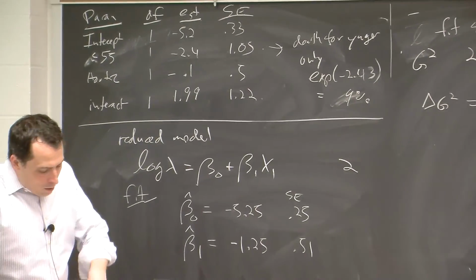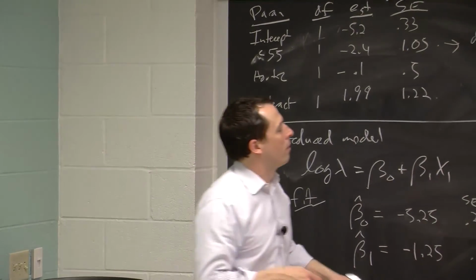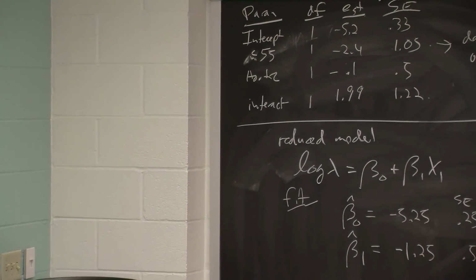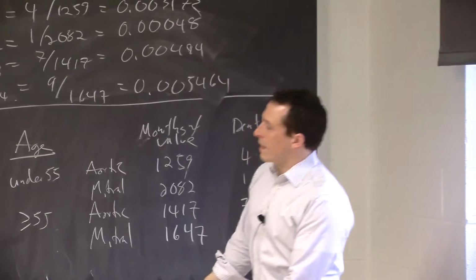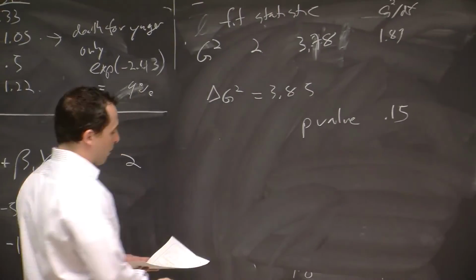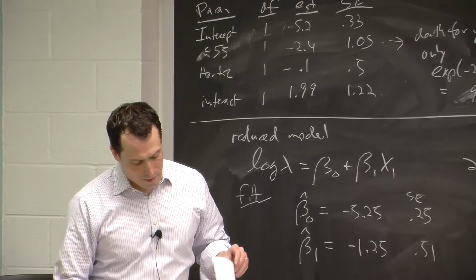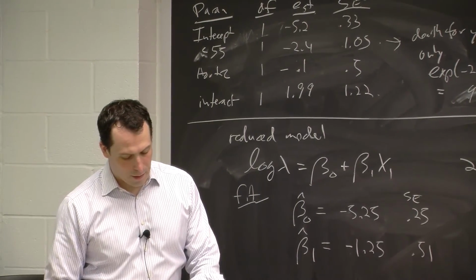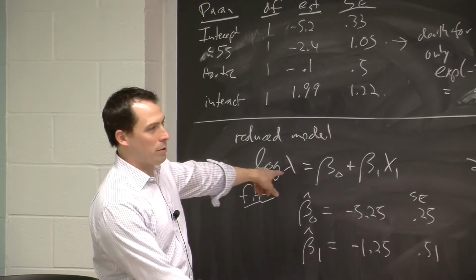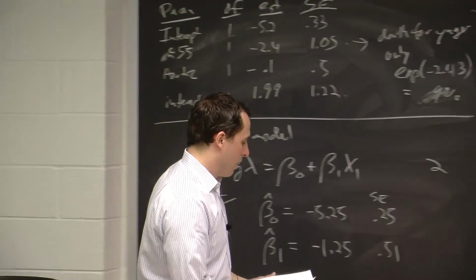So if we want to test the exposure parameter itself, we've assumed it to be 1 structurally, but we could test that by throwing it into the model and seeing what happens. Of course, we can't throw it into the saturated model because we've already used up all of our degrees of freedom, but we can throw it into this reduced model, which still has some left.